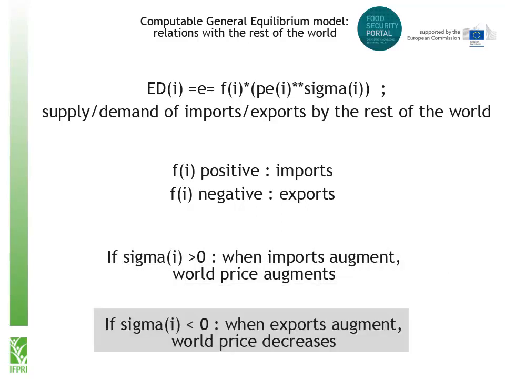On the contrary, if we have exports in sector i, it means that ED is negative and sigma is also negative. Why? Because when exports augment, the world price decreases. You have to understand that imports are a demand to the world market and exports are a supply to the world market. So when demand on the world market augments, the world price augments, and when supply on the world market augments, the world price decreases.